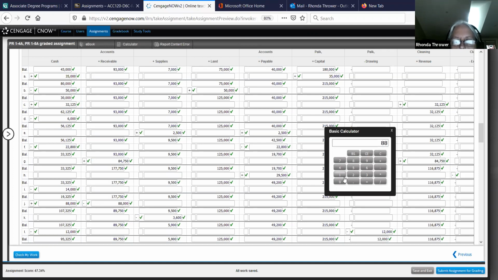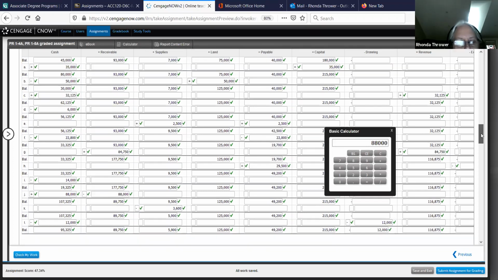The amount is 88,000. And I'm going to put that in my calculator because I want to check to see what the rest of the cash balances had. I don't see any other, oh, excuse me, there is one that I missed right here. There is another addition to cash at 32,125.